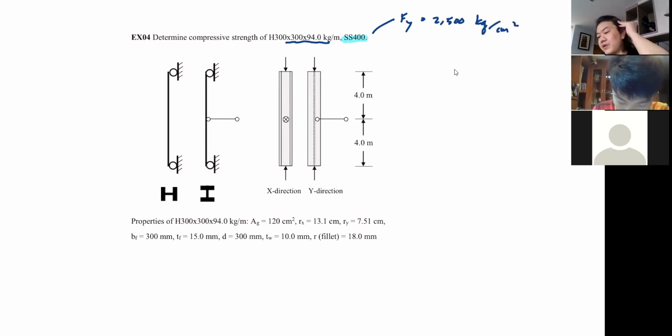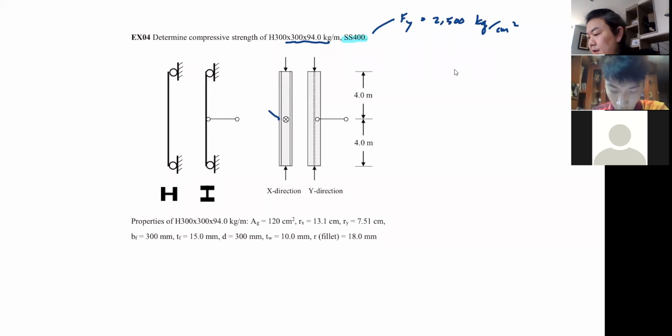Okay, now here's the condition. This is the H 300 by 300 by 94, and it has bracing in one direction, as you can see. If you look at the side view in X direction, there's a bracing, and you can see this symbol, which means that's the back end of the arrow.